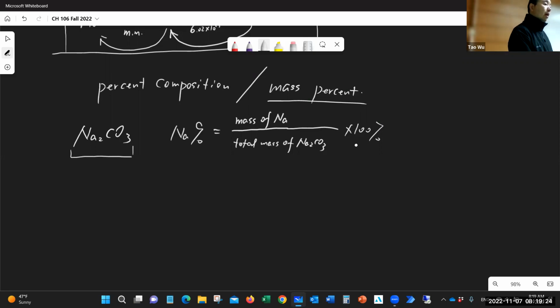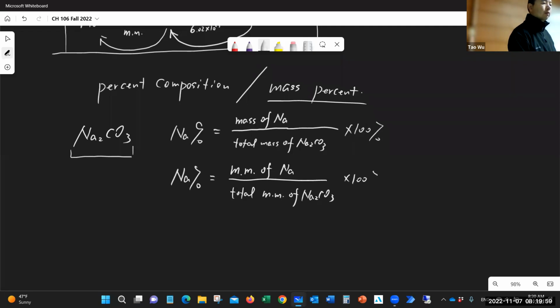So generally the mass percent can be based on both: mass of sodium divided by total mass of sodium carbonate, or molar mass of sodium divided by total molar mass of sodium carbonate. Those are both ways to figure out the mass percent, and you times 100%. So this is the mass percent that we talk about.